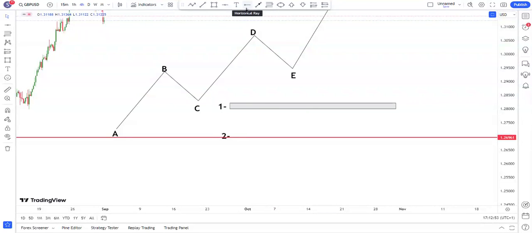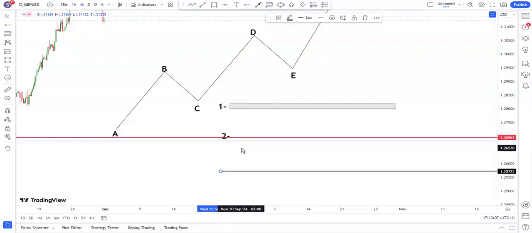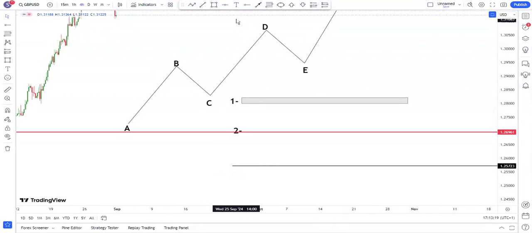The first one is the horizontal line, while this particular red one is the second, and the third tool I use is the horizontal ray. The difference is that this particular second one moves from the right hand side to the left hand side, while this particular horizontal ray, the black one, let me put it as number three.